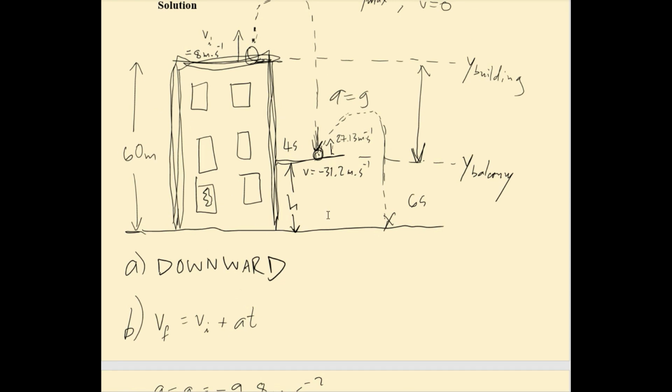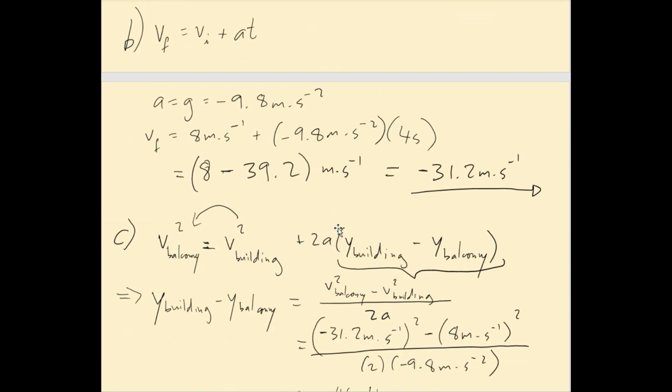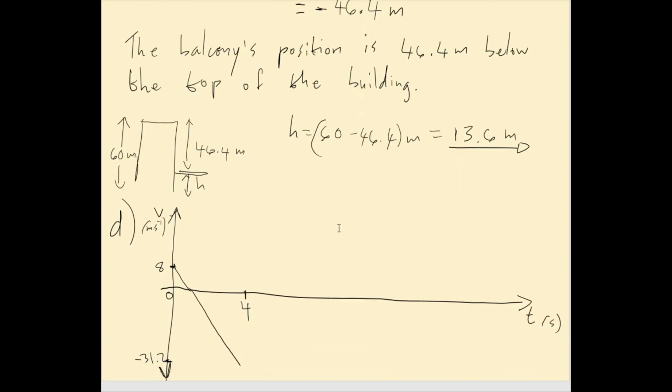Then it bounces upward with 27.13 meters per second. So there's the discontinuity in this graph, because it went from a negative value here immediately to a positive value. Let me just make it a little bit higher, which is 27. Just going to write it there, 27.13. It then travels again downward.